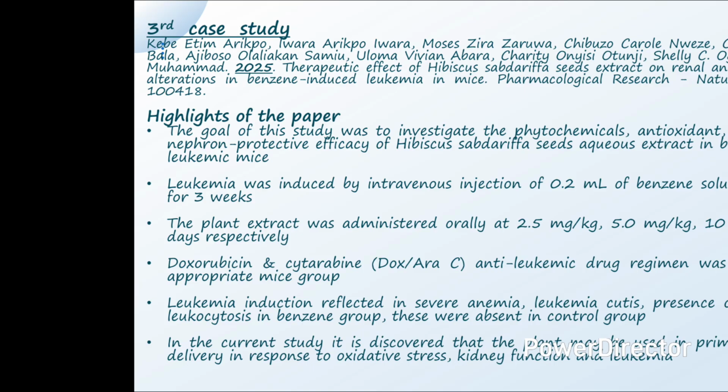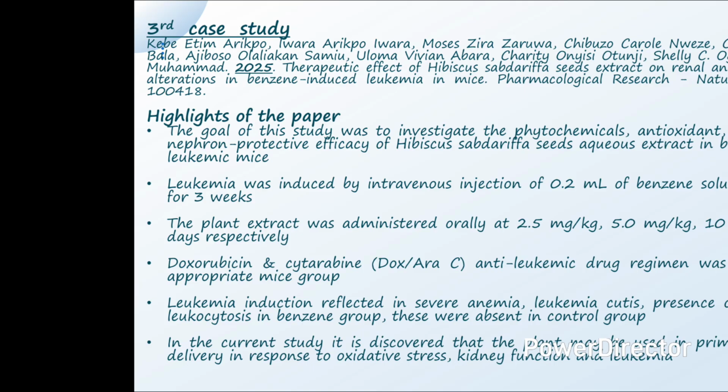Leukemia was induced by intravenous injection of 0.2 ml of benzene solution every 48 hours for 3 weeks. The plant extract was administered orally at 2.5 mg per kg, 5.0 mg per kg and 10 mg per kg for 14 days respectively.